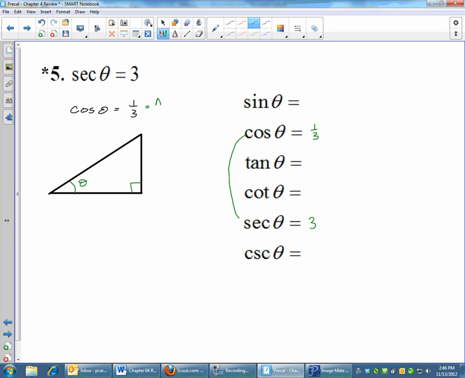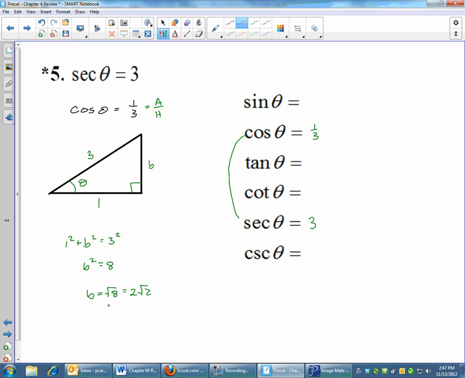Cosine is adjacent over hypotenuse. So my adjacent side is 1, hypotenuse is 3, and then we will do the Pythagorean theorem to get that side. So 1 squared plus b squared equals 3 squared. B squared equals 3 squared is 9, minus 1 is 8. And you get b to be the square root of 8, or 2 square root 2 is how that cleans up.